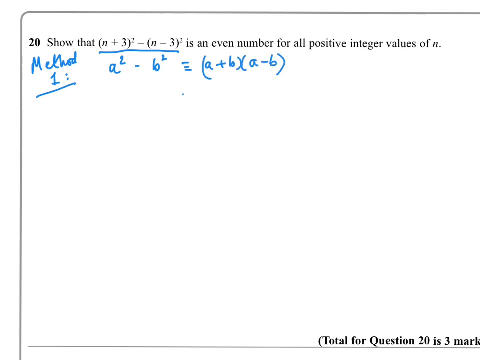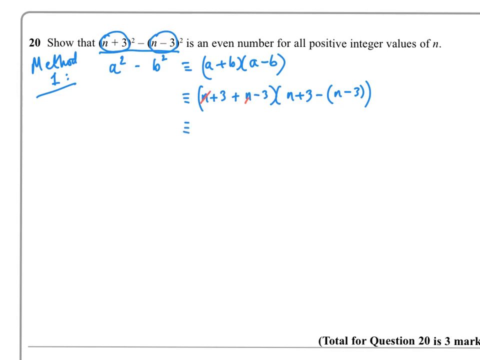In this case a would be n plus 3, plus b, which is n minus 3, multiplied by a, which is n plus 3, minus b, which is n minus 3, and then just simplify.